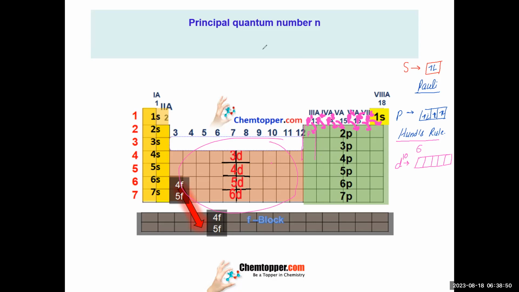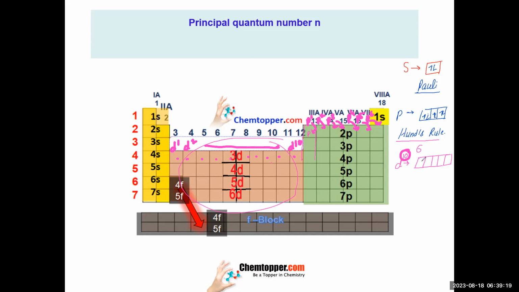So you start here like this. This is d1, d2, and go up to d10. The number of electrons in a subshell tells you the total number of groups, right?